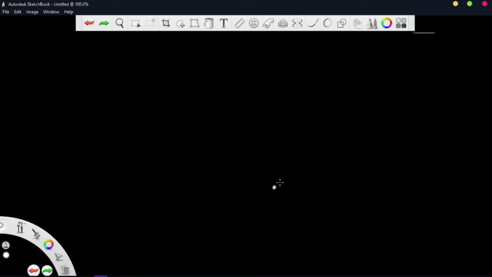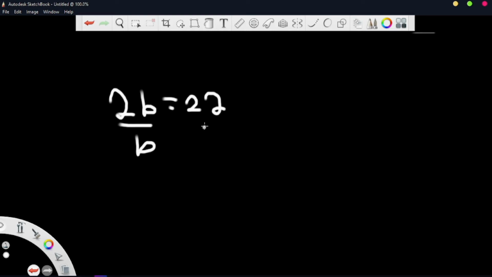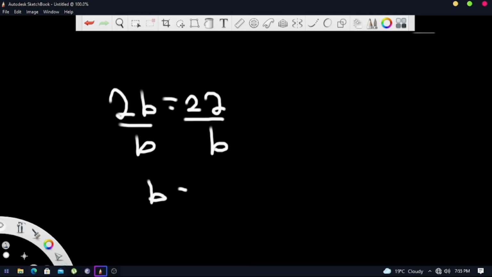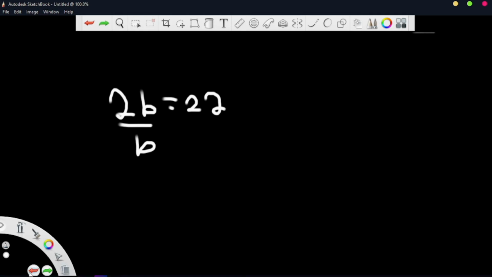Let's say we have 2b is equal to 22. To obtain the value of b, I'm simply going to divide both sides by b, and then I'll have my value of b. Oh, sorry, I have to divide both sides by 2.